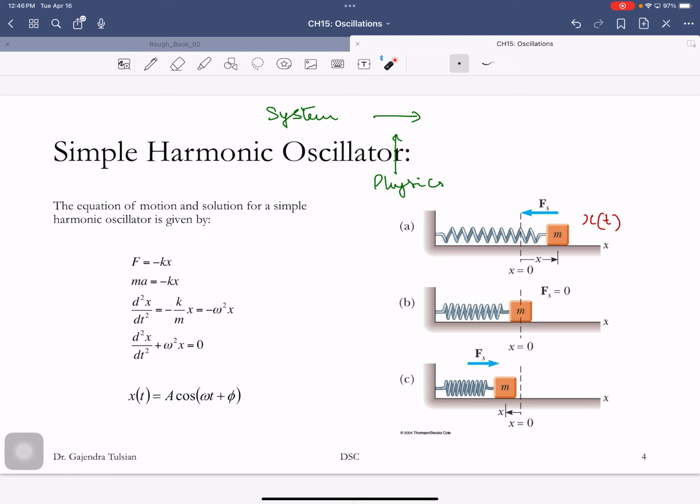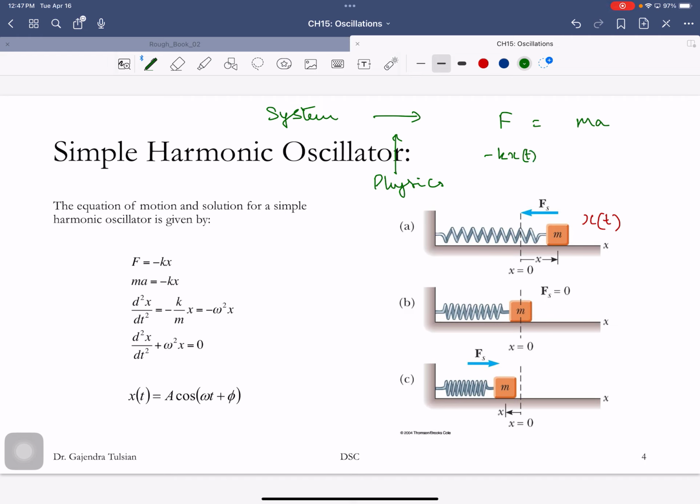What is Newton's second law? The force acting on a mass is equal to mass times the acceleration. What was the force on this guy? It's minus kx. So the force is minus kx.